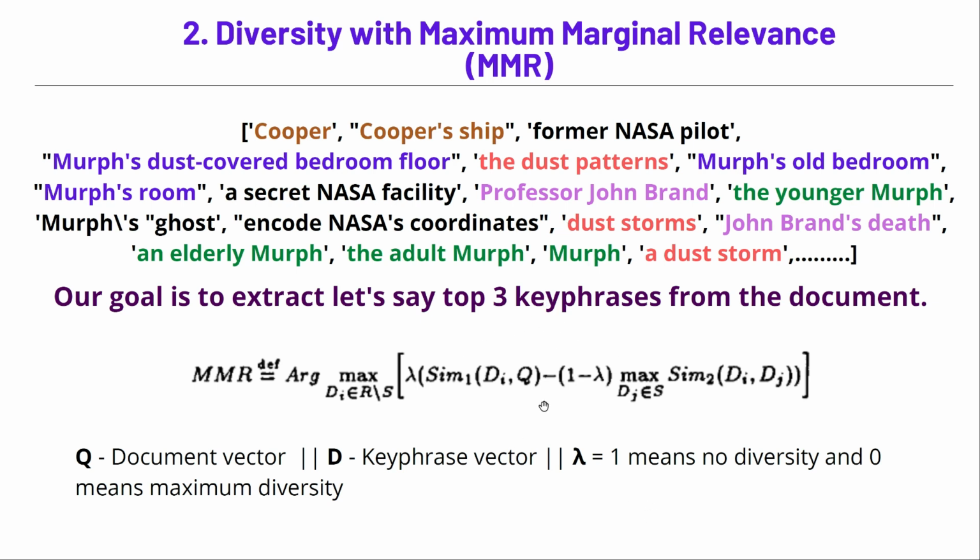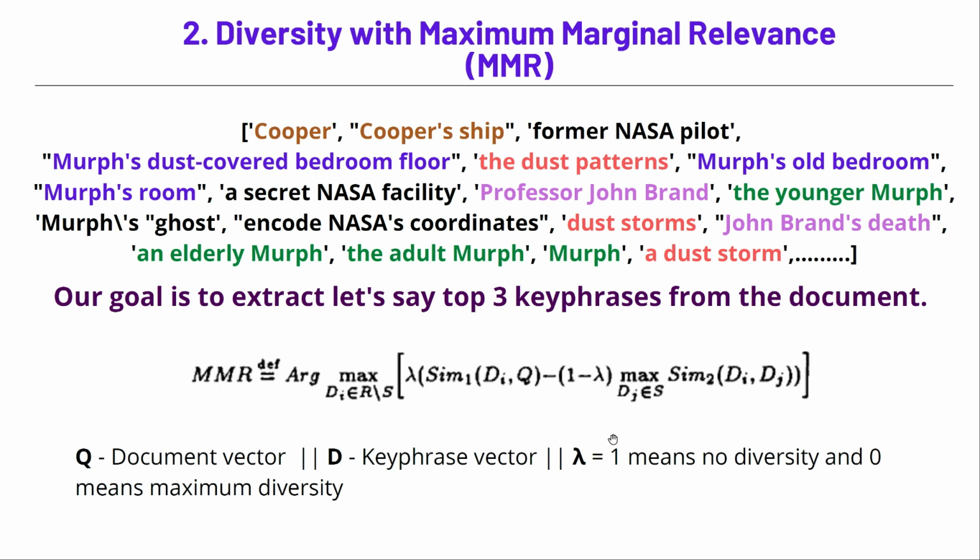So precisely speaking, this similarity of D, Q is the first parameter which considers how close a given keyword is with respect to the document. And this is the second parameter, calculating the intra key phrase similarity and maximizing that part.